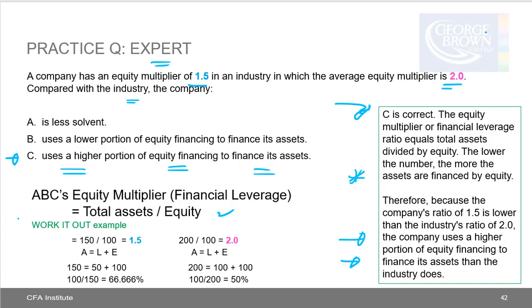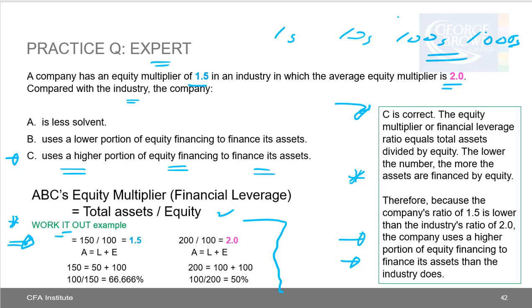So this is a nice to know, not a need to know, but one of my study tips is sometimes I work it out using an example, and I'll use multiples of ones or tens or hundreds or thousands, and I'll make up my own example and I'll work through the math, and in a lot of cases that'll help me understand. So here I just used a base of 100 for my equity, okay?